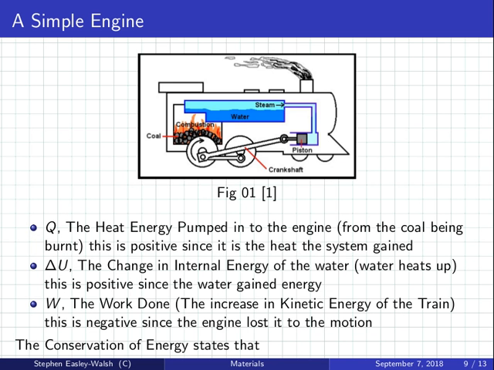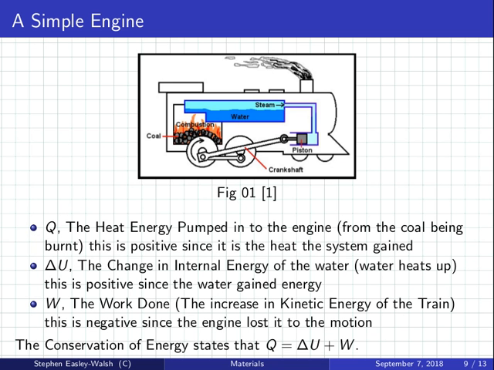Was it hot before I burnt the coal? No. So the energy from the coal became work and the train became hotter, internal energy. So you could write it as Q equals U plus W. It's conservation of energy. The energy that goes in equals the hotter engine plus the work done.